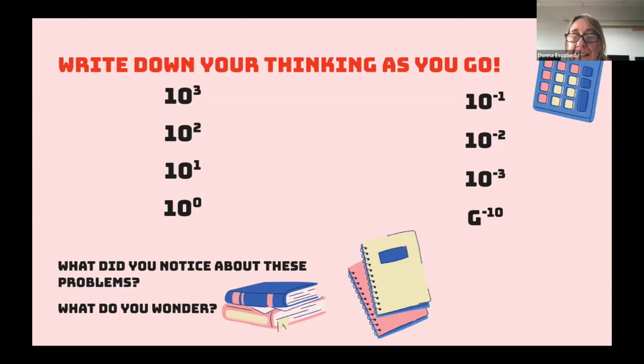Nice. Dividing and multiplying 10, 100,000, moving the decimals back and forth. Yeah, the place value. Good. All right, thank you. I don't know. Oh, they look like reciprocal wholes and parts.